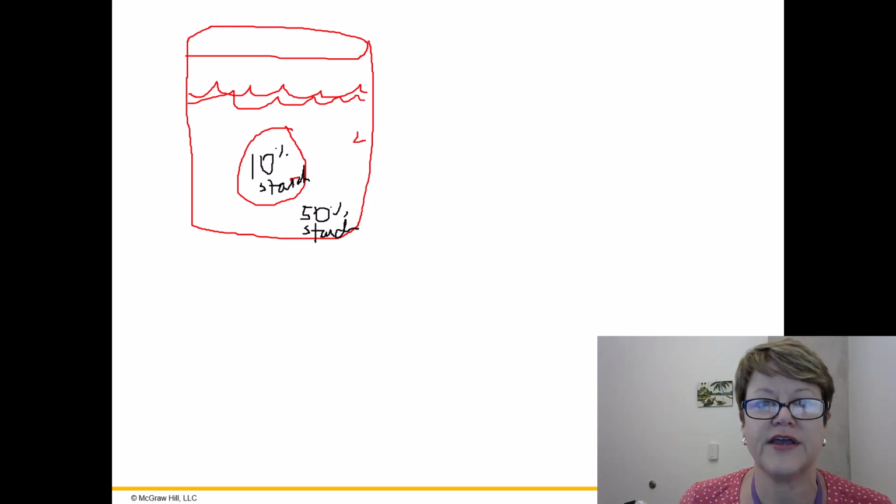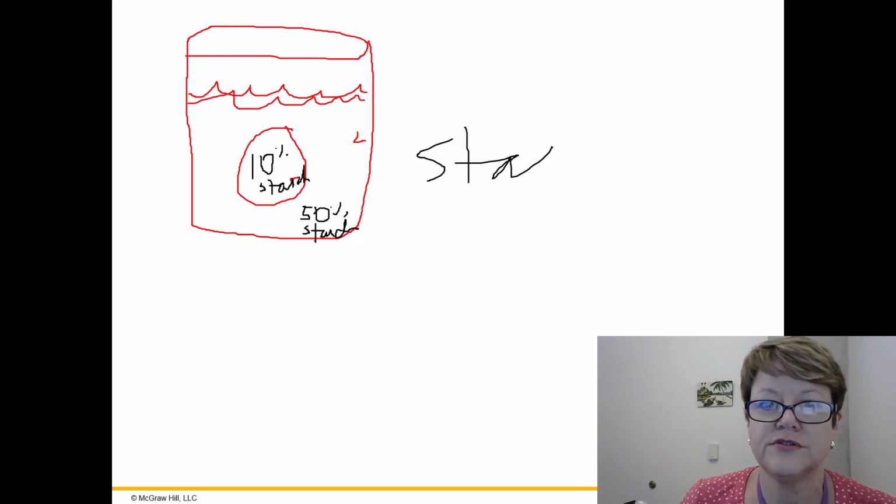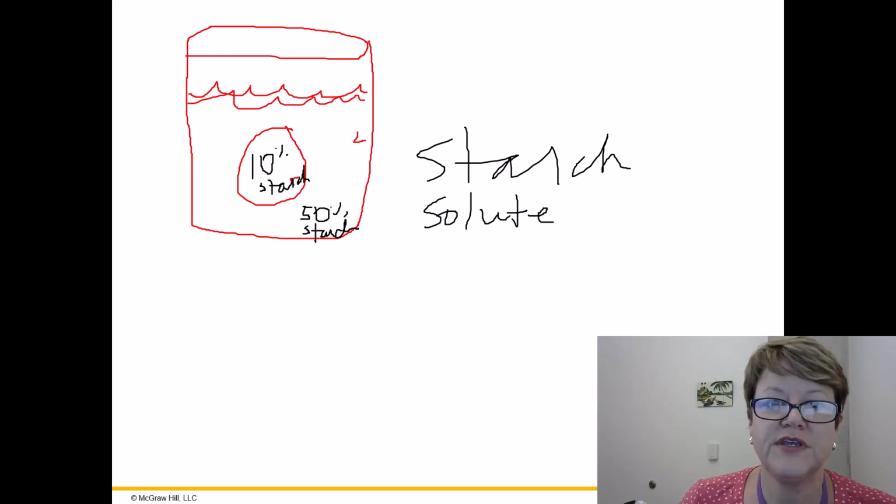It's a polysaccharide. And so there is more concentration of starch outside the cell and less concentration of starch inside the cell. But starch is the solute.